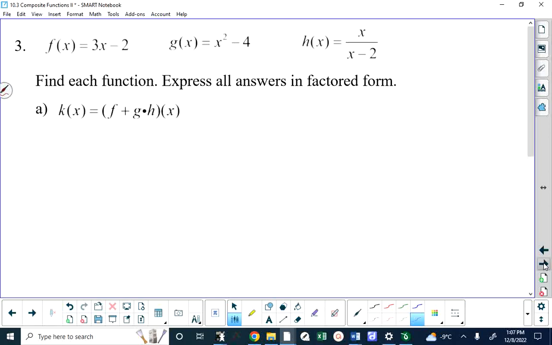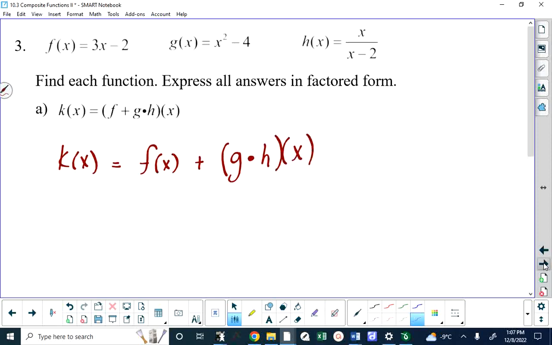All right, let's get into the meat of this lesson. This is what I mean by combining different operations and having possibly more than two functions. First of all, what you're asked to find in question 3A doesn't have anything to do with compositions. This is simply saying k of x is equal to f of x plus g times h of x, which means k of x is equal to f of x plus g of x times h of x.